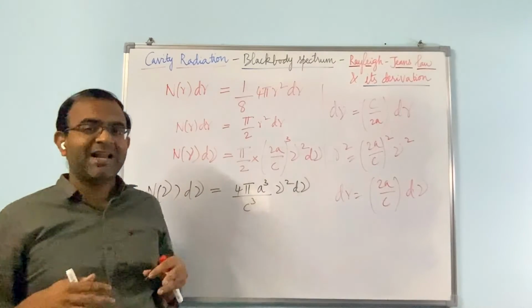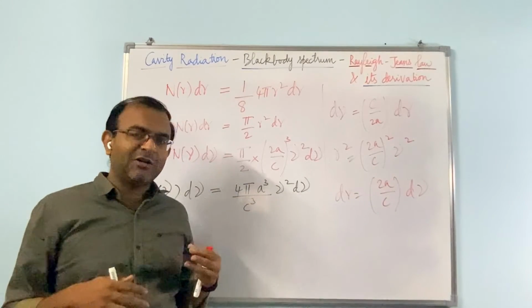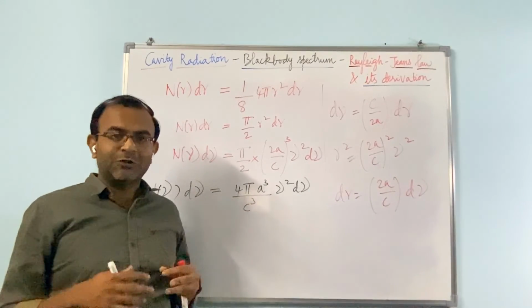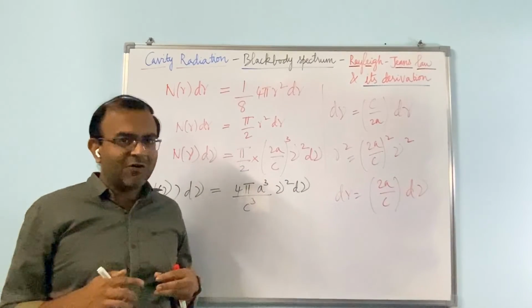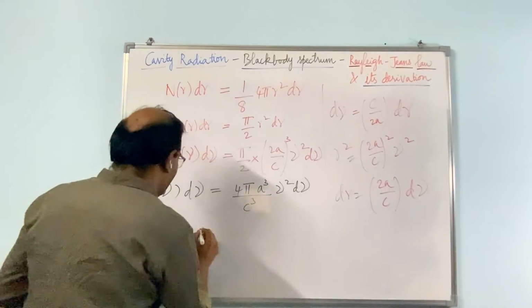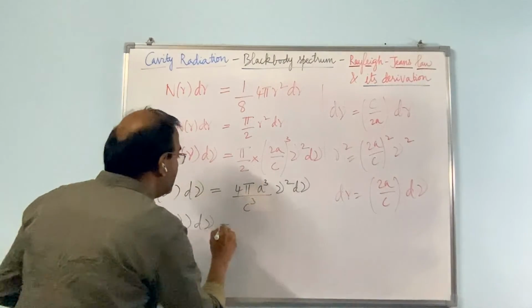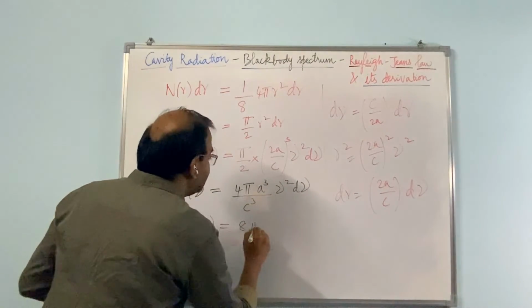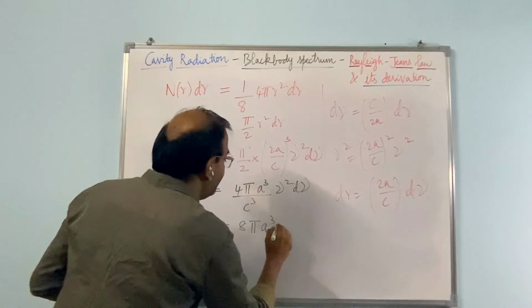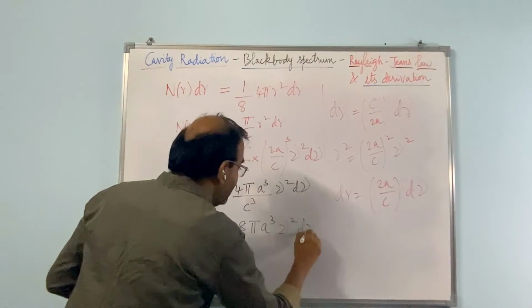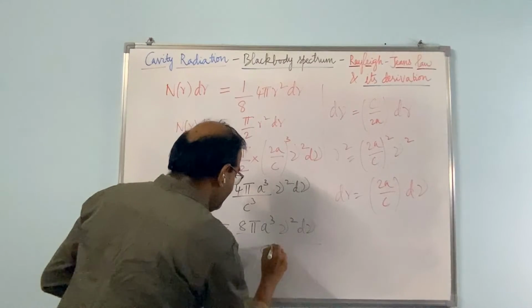And this particular expression has to be multiplied by a factor of 2 to account for the two states of polarization of an electromagnetic wave, and therefore our N nu d nu would be equal to 8 pi a cube nu squared d nu over c cube.